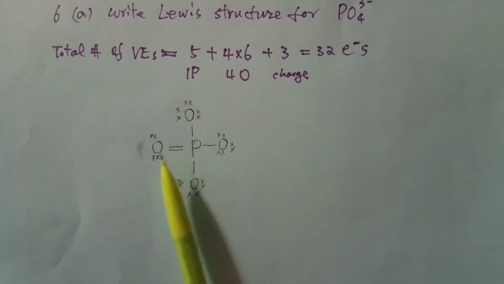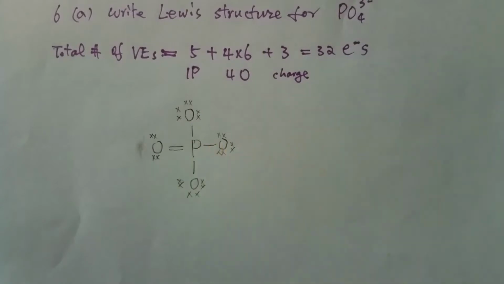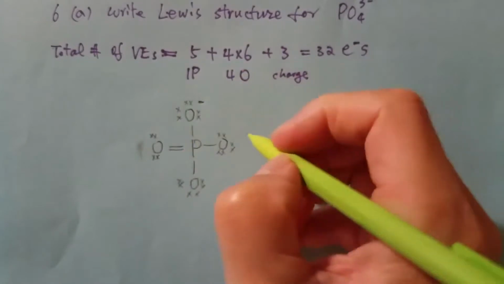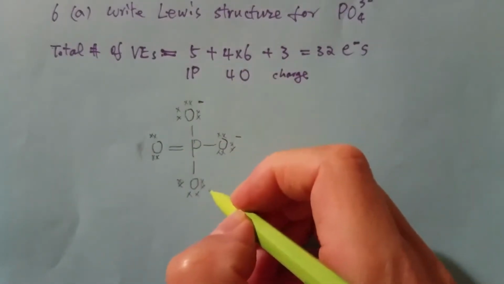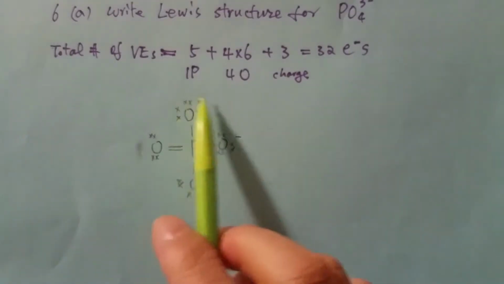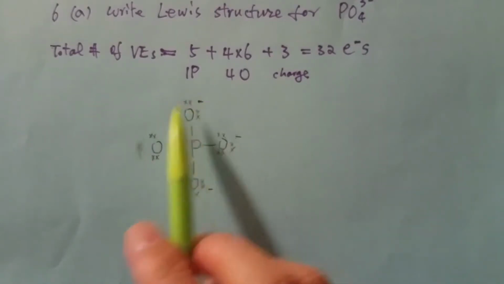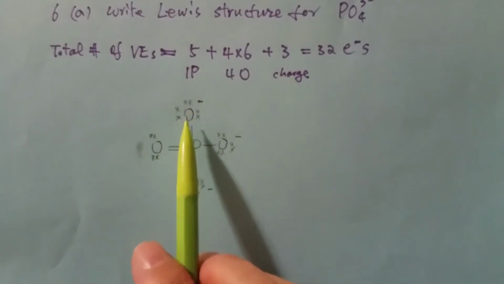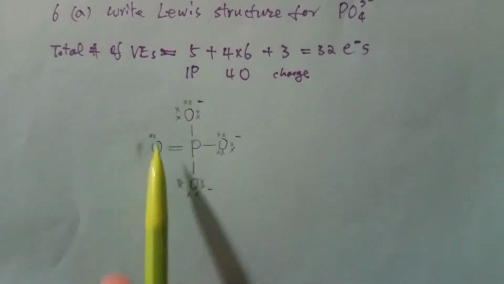Applying the formal charges, we can determine this oxygen carries a negative, this one also carries a negative, and this one also. Because they each have 6 non-shared electrons, which means those electrons can only be found around this oxygen, the electron density is much higher compared with this one.